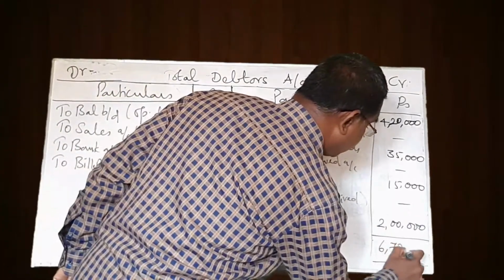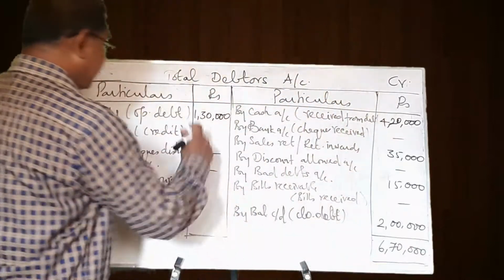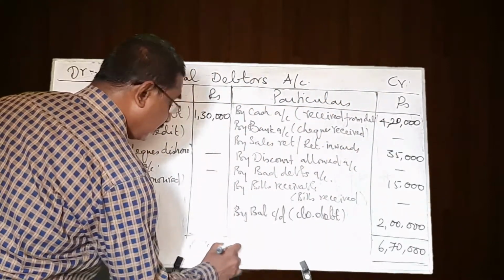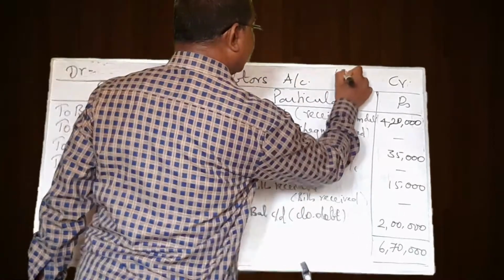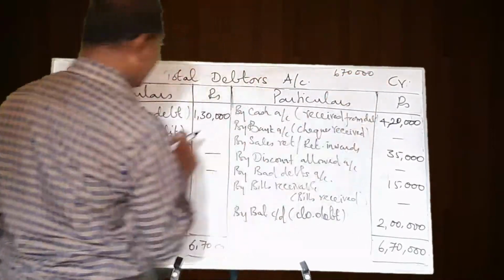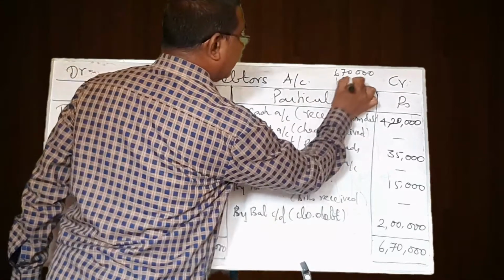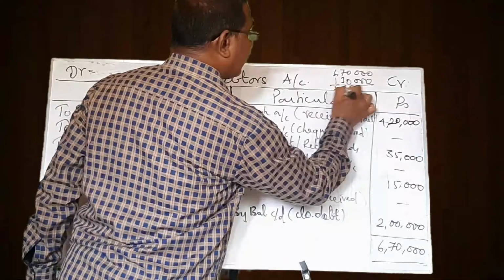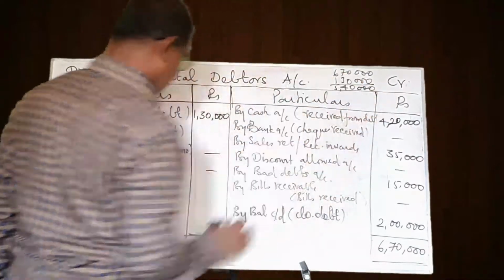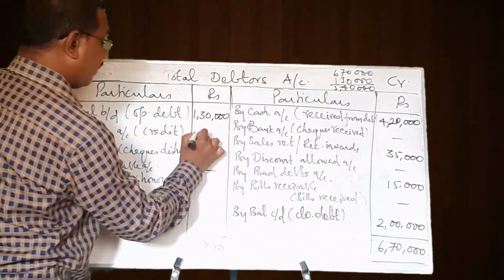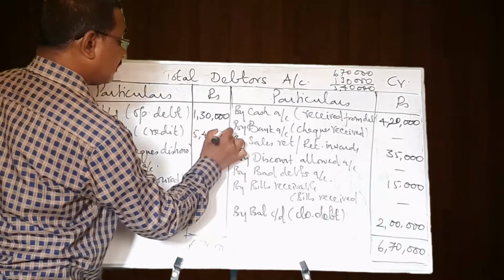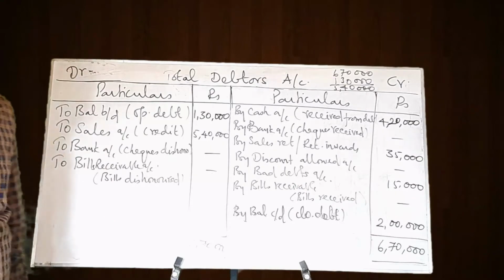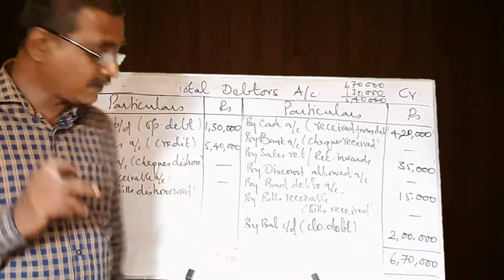6,70,000. And this side, 1,30,000. From 6,70,000, we subtract this 1,30,000. We get 5,40,000. And that is the credit sales, 5,40,000. Now, this one is credit sales, whereas it is asked total sales. What is the formula?